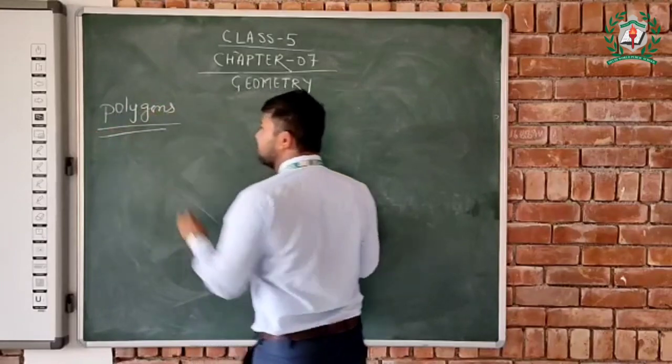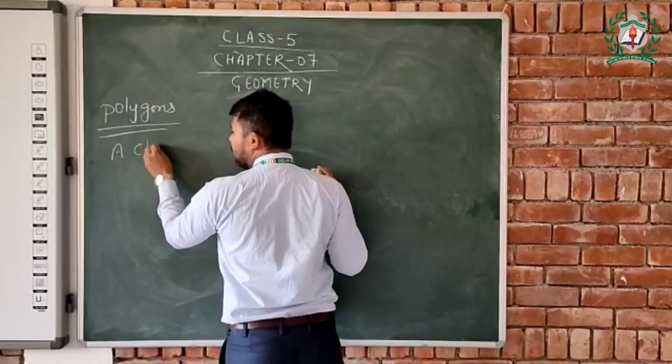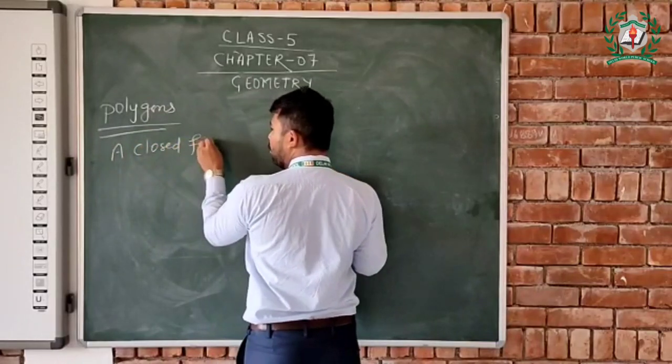So what is a polygon? The definition of a polygon is a closed figure which is made up of line segments.